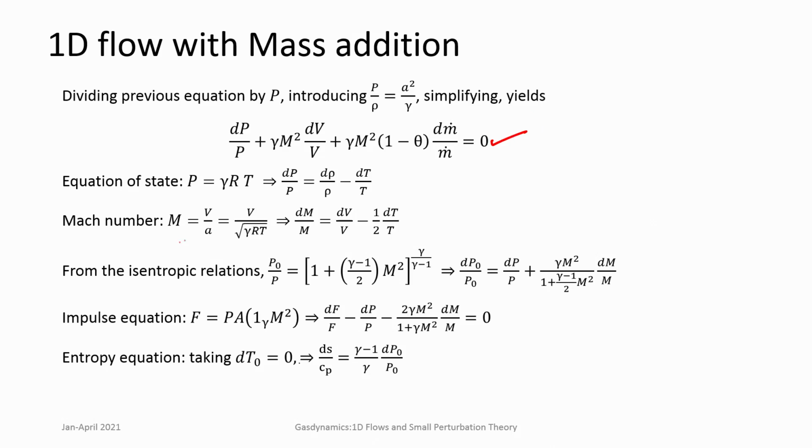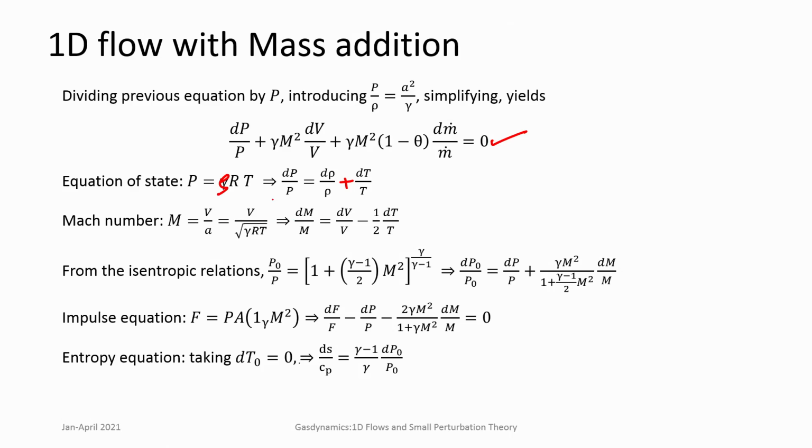This can be done by a series of algebraic manipulations of the different equations, which is how pressure is related to the equation of state, P is equal to rho R T, and d rho by rho plus dT by T. Then you have Mach number as V by a.